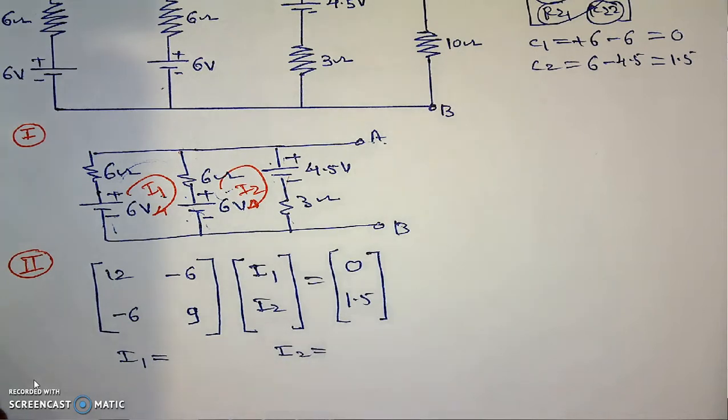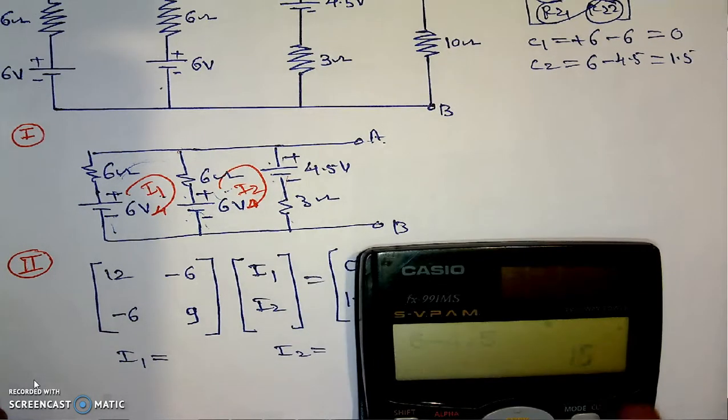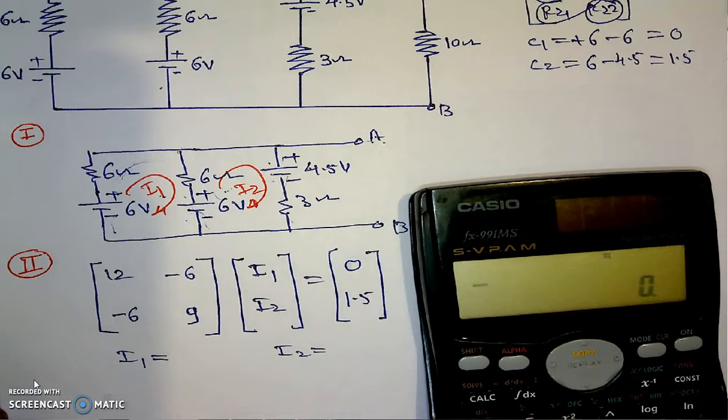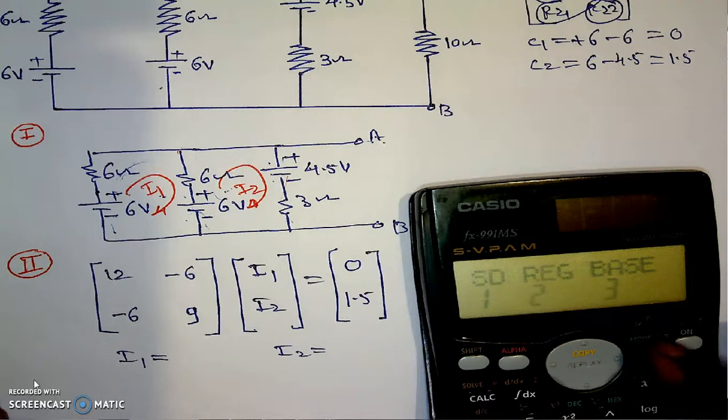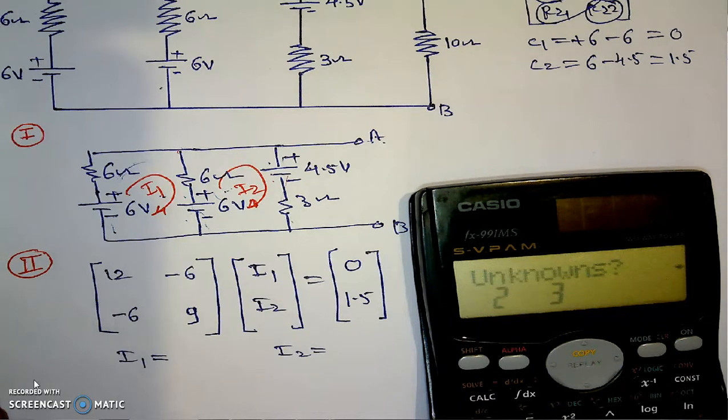We will calculate both. I will use the calculator here. For this calculation, mode, then mode again, equation number 1, variables 2. Then A1 is 12, B1 is minus 6, C1 is 0, A2 is minus 6, B2 is 9, C2 is 1.5.